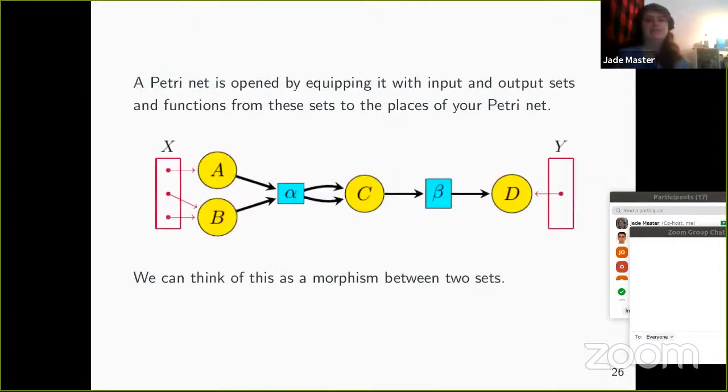So just like with graphs, we're going to make these Petri nets open. And we're going to do it in the same way. We're going to stick some finite sets on either side. Actually, they could be any sets, but finite sets are the ones you can draw. And then we're going to map the elements of those finite sets into the places of your Petri net.